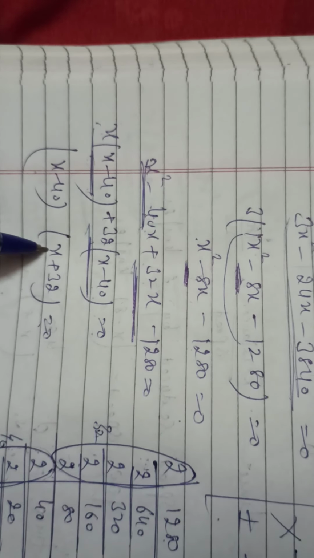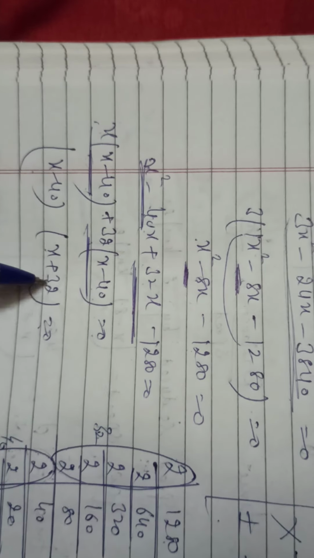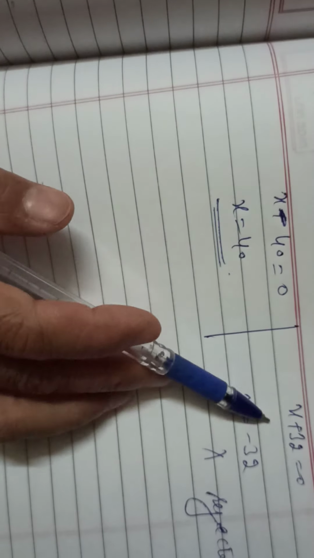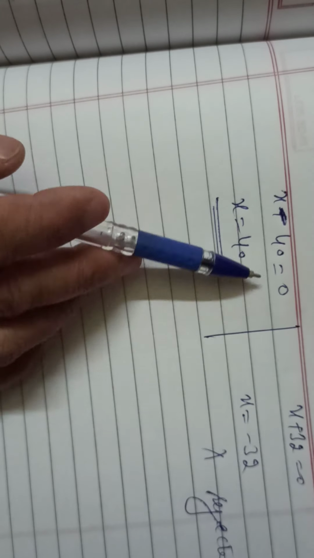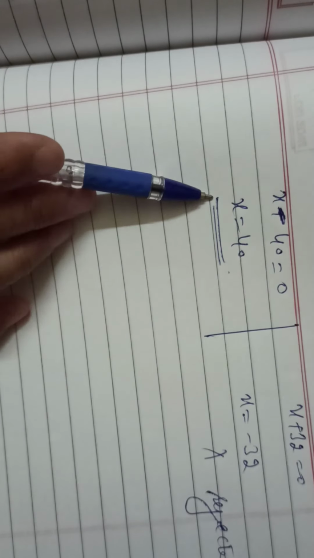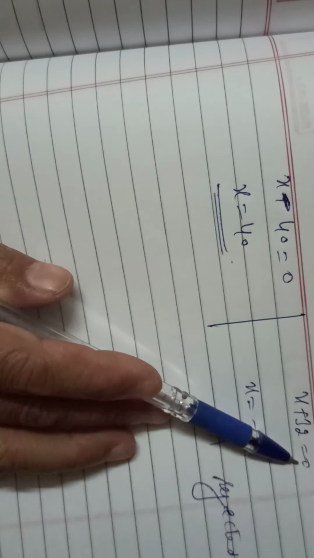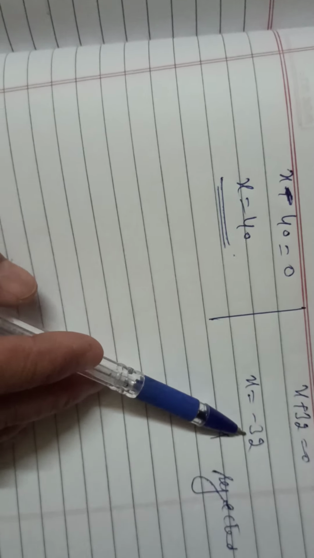Here what will be left? x. Here plus 32. Now if the product is 0, each of them can be 0. This can be equal to 0, or this can be equal to 0. When x minus 40 equals 0, x is equal to 40. And when x plus 32 is equal to 0, x is equal to minus 32.